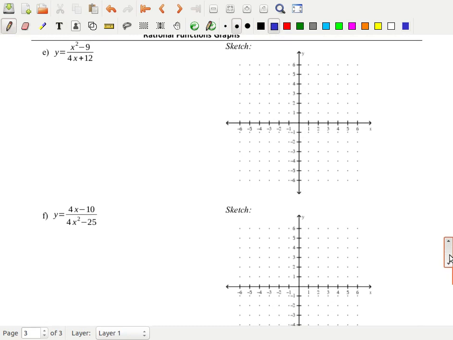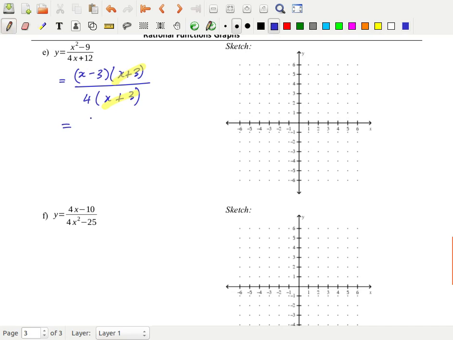Okay, just a few more examples, just trying to show you the different scenarios and remind you, maybe in this case, different factoring techniques. X squared minus 9, that's a difference of squares. That's x minus 3 times x plus 3, all divided by common factor of 4. And then we end up with x plus 3, which means the x plus 3's are going to divide out.